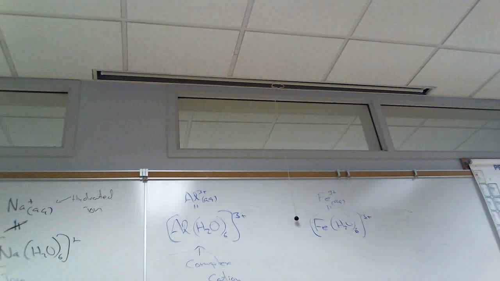A dipole is a partial charge, and an ion is a full charge. The bigger the charge, the stronger the attraction. But water is not a full charge. Is that a full negative charge on the oxygen? No, it's a partial. And so we call it an ion dipole attraction. It's an IMF.